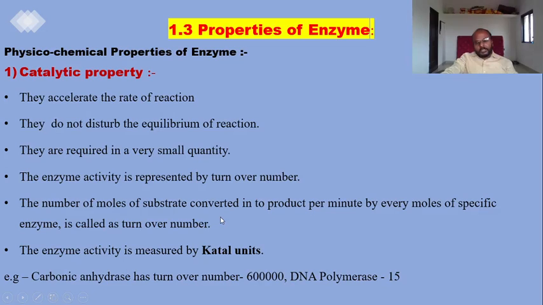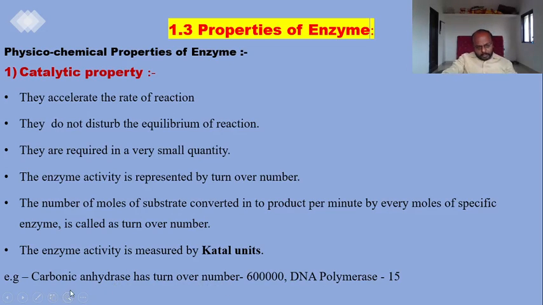That means if the turnover number is more, then this enzyme catalyzes the reaction at high velocity or high speed, and this catalytic property can be measured by the unit called the Katal unit, and this Katal unit is the unit of the catalytic property. That means the catalytic property or this turnover number is actually the efficiency of the enzyme.